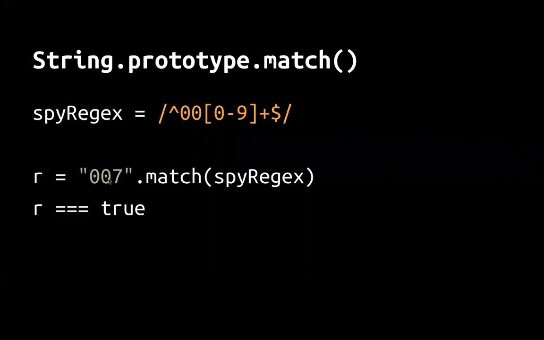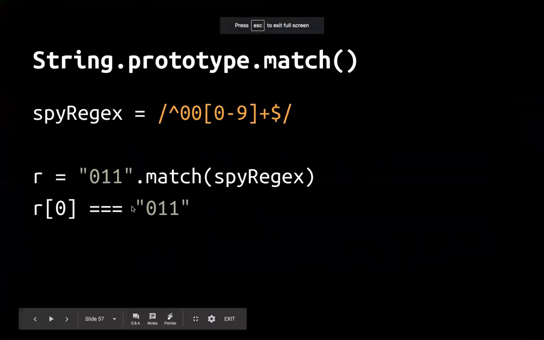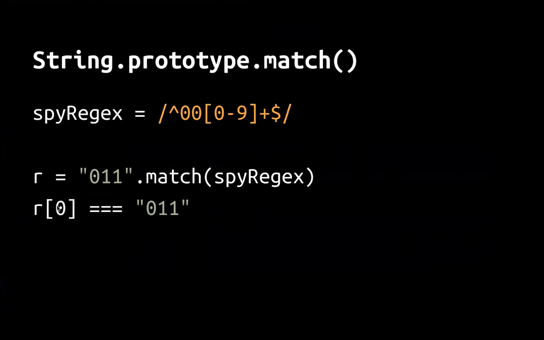If the regular expression matches, this object is going to resolve to true, and this is wrong here. I don't know why I'm saying that. Sorry. Ignore that slide. R is not true, but it's going to return an object that looks a lot like an array that allows you to index into it.